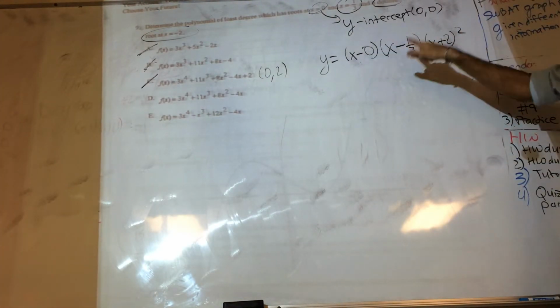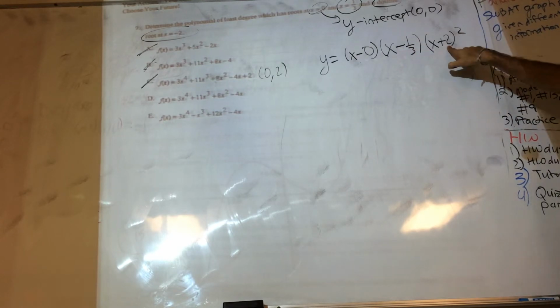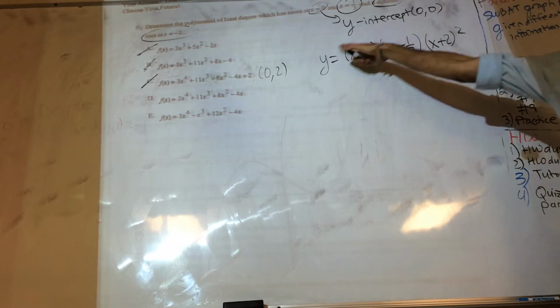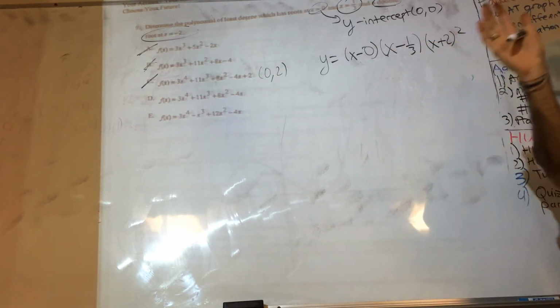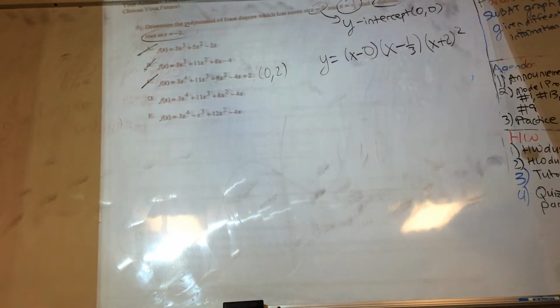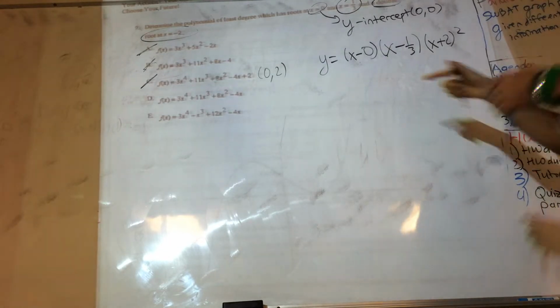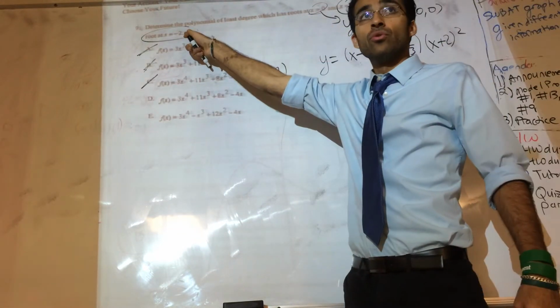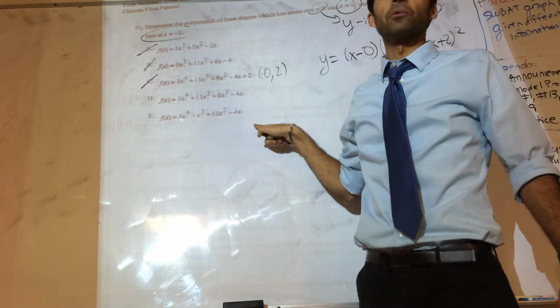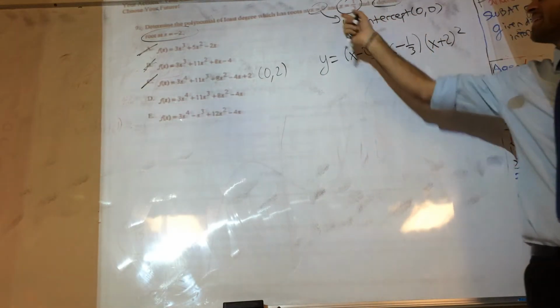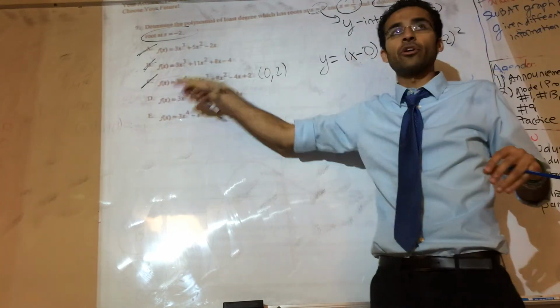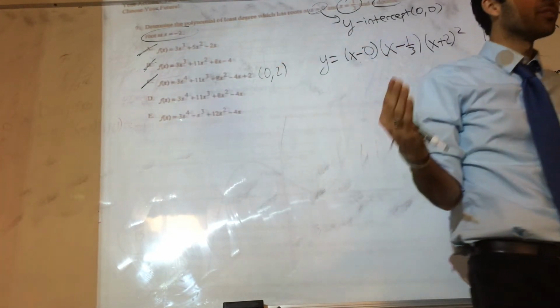There's a root at 0, there's a root at 1/3, there's a double root at -2, and you all will say, okay, let me just do the box and get the right answer. Some people will say that. I think the easier way is the following. Let's just plug in -2 for x into both of these and see which one gives me 0. Because when I plug in -2, I better get 0 for y, because this is a root.